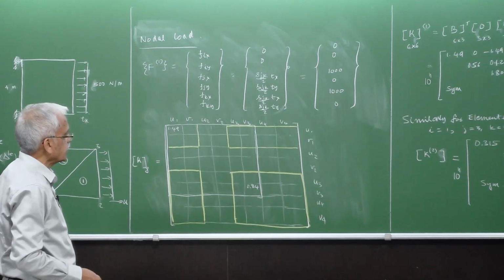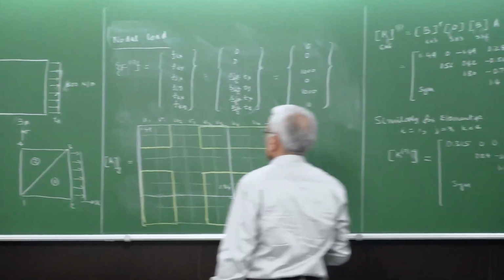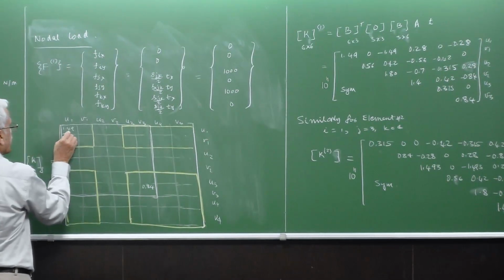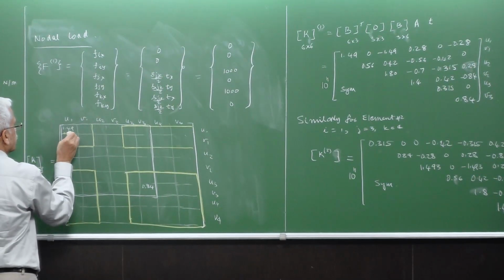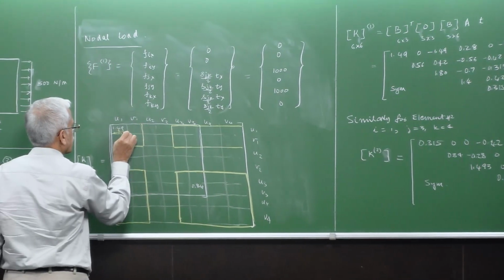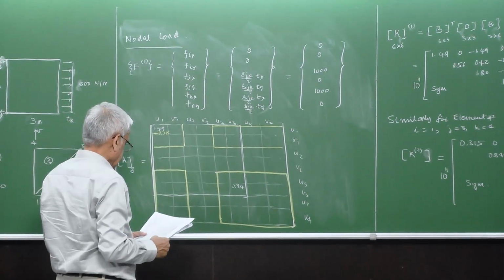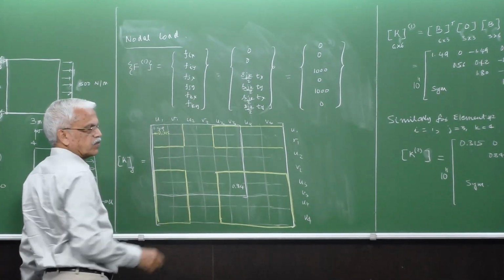Right? Okay. So those things, for example, this will go to here plus 0.315. So totally it becomes 1.803. Okay.